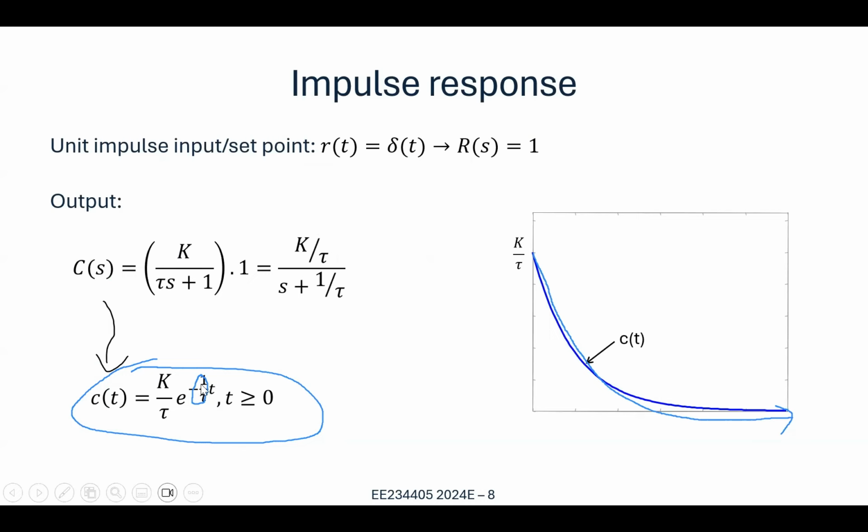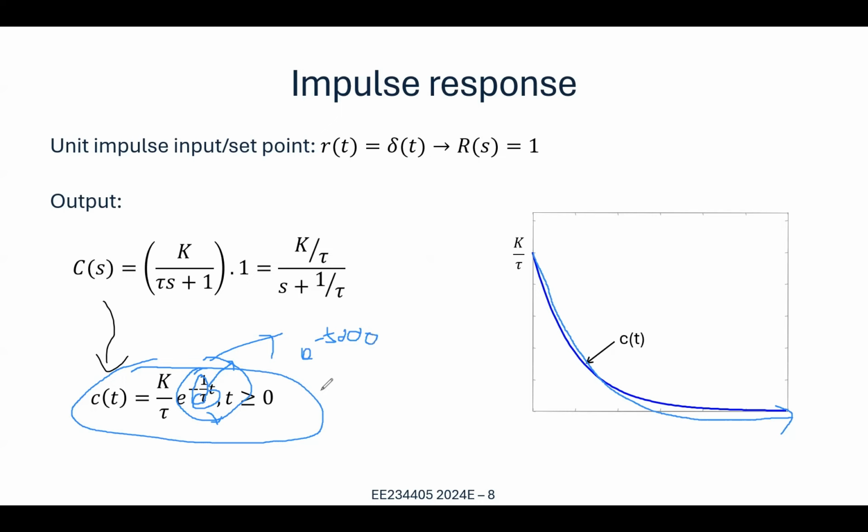Which means the e to the minus something here will go to zero, because t is getting larger and larger, right? So if you have tau being, let's say, 1, at the time t equals 5,000, this would be e to the minus 5,000, and then what does it mean?